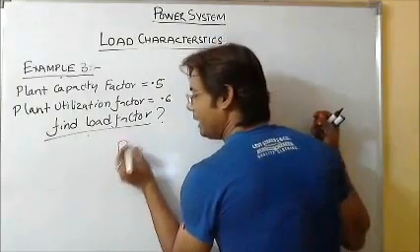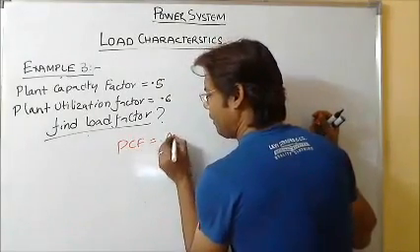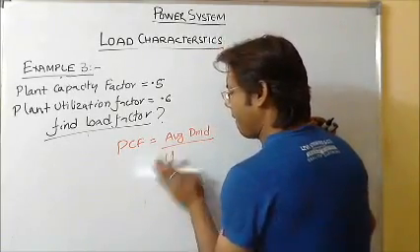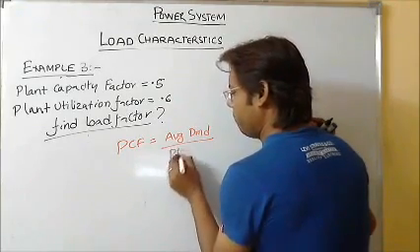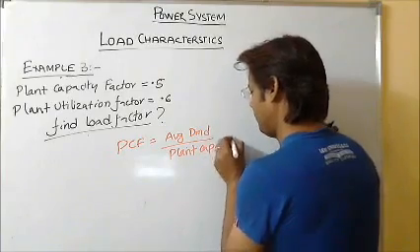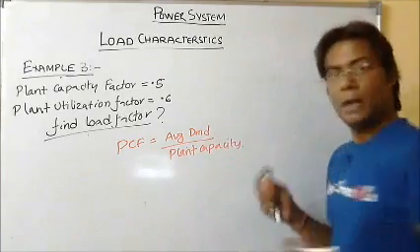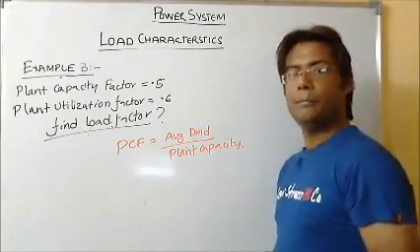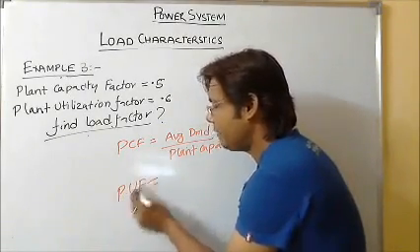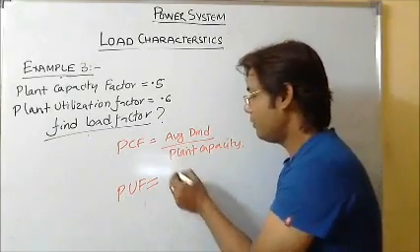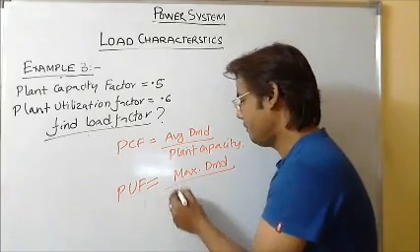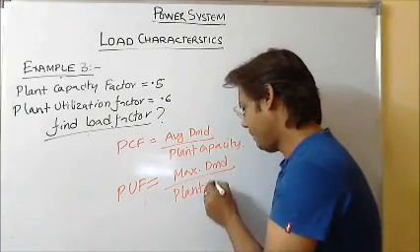So I can write plant capacity factor is equal to average demand divided by plant capacity, and I can have another formula for the plant utilization factor. This is called the plant utilization factor, PUF, which is equal to the maximum demand divided by the plant capacity.